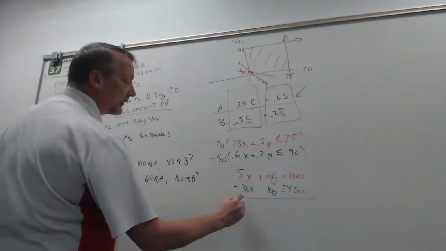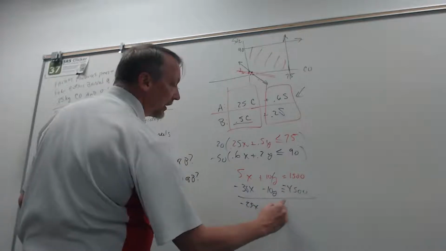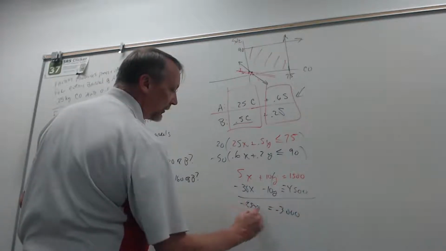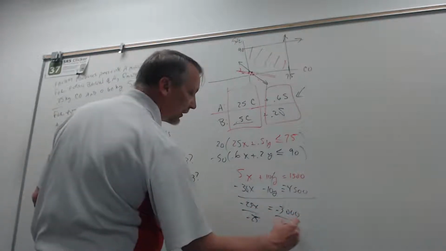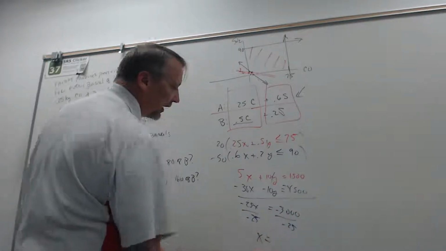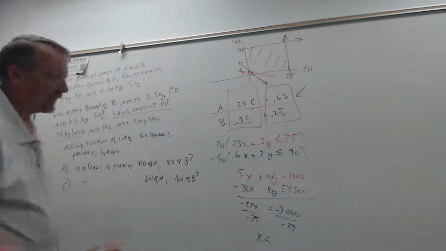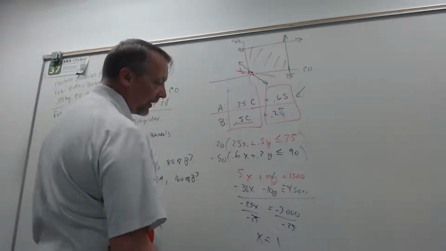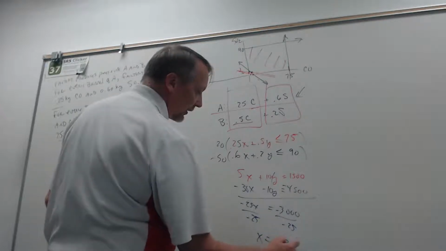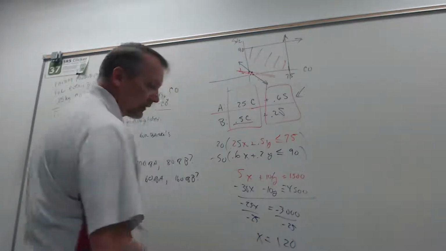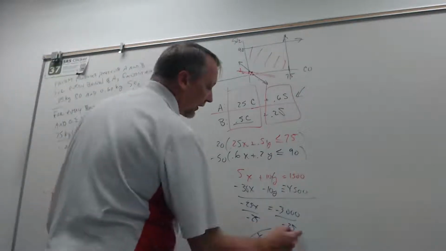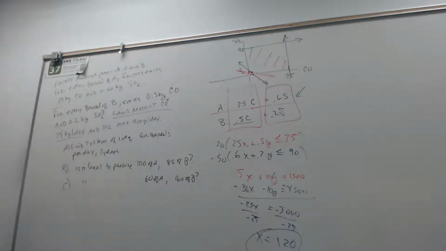Okay, so if that's -25x equals -3,000, there we go, divide by -25. Now I got x as a positive number. x is what? 120. Okay, that's better. So x is 120.